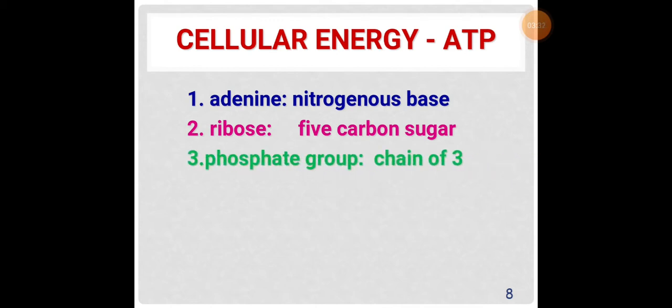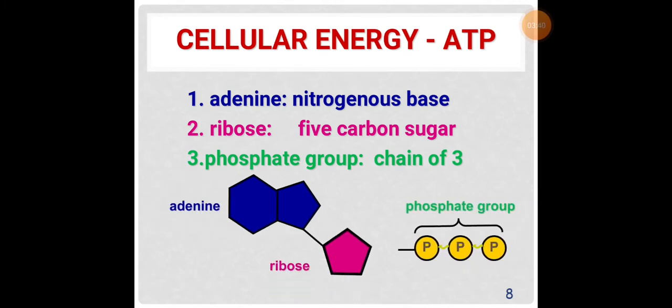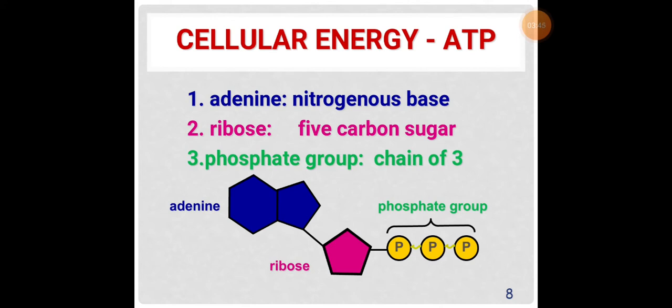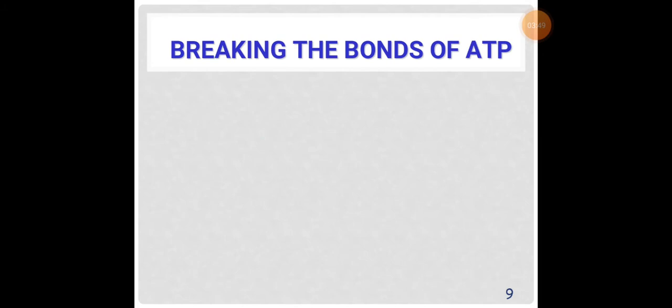It's like, for example, in DNA, where there is a nucleotide. Here in ATP, adenosine triphosphate, the structure is base, ribose, and three phosphate groups.